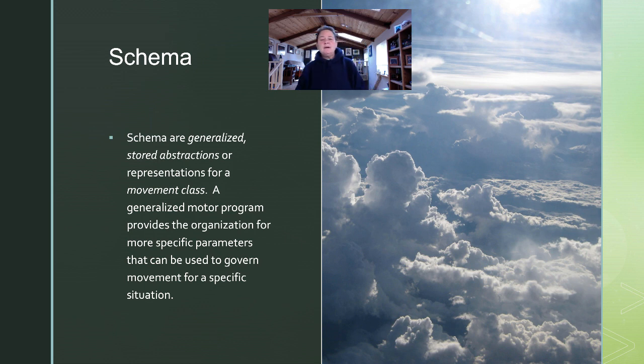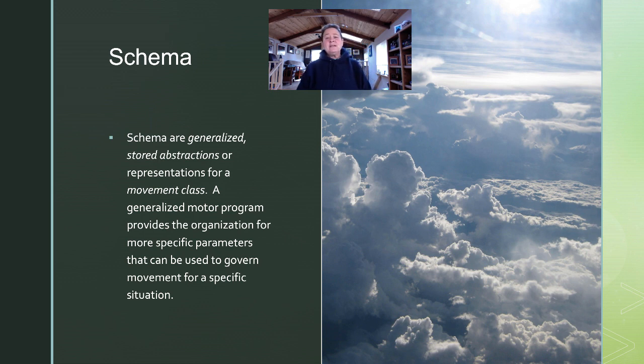A schema is a generalized representation of something. Remember that Schmidt's criticism of Adams' model was, where would all of these things be stored if in fact we had to have specific traces of our movements and every variation thereof?